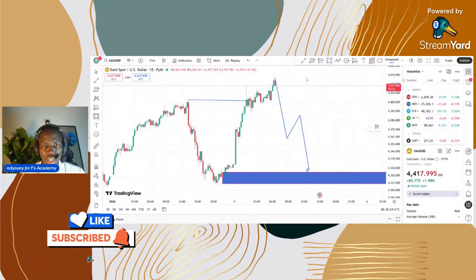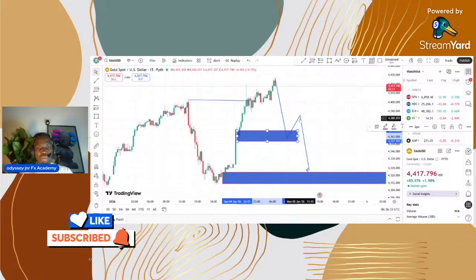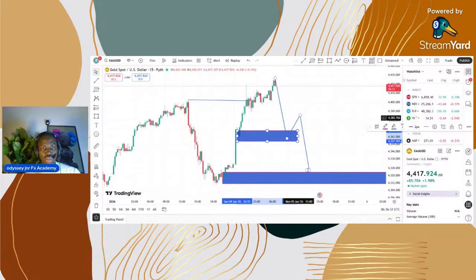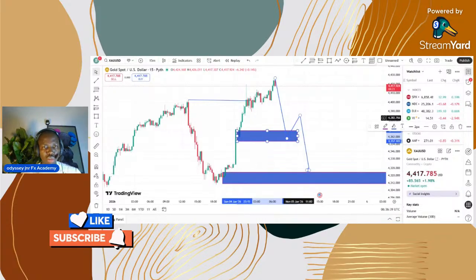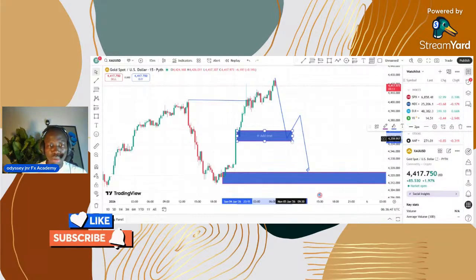I'm looking at the market coming to this order block because this is a valid order block, and then give us some kind of inducement that will turn to our liquidity that we can use. So I'm looking at the market coming to this previous order block that is here.